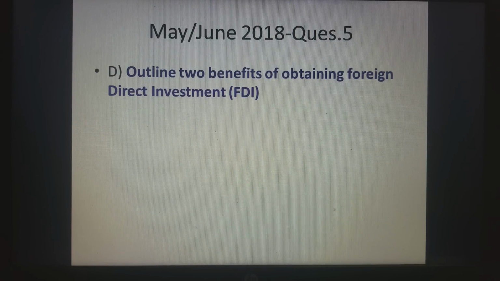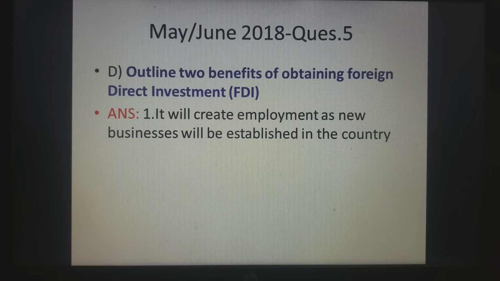Question D of the question says, outline two benefits of obtaining foreign direct investment. What's our answer? It will create employment, as new businesses will be established in the country. Notice the words direct investment.